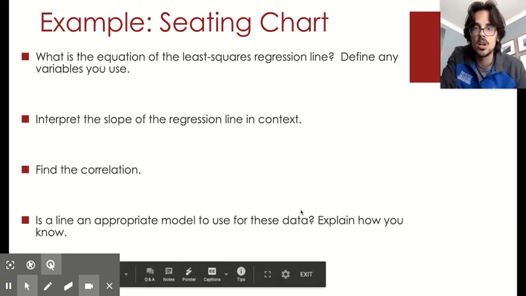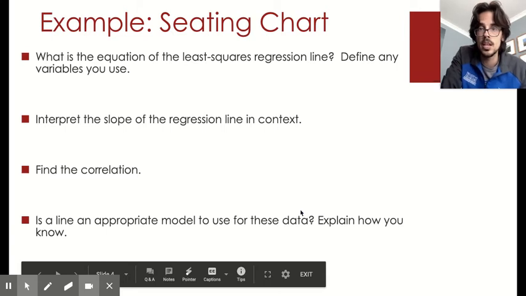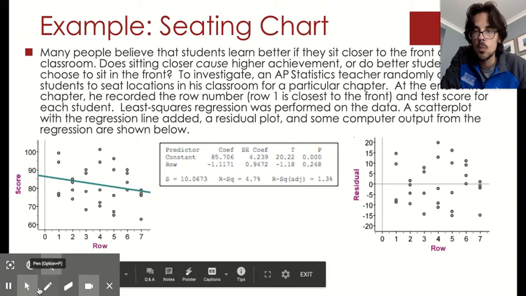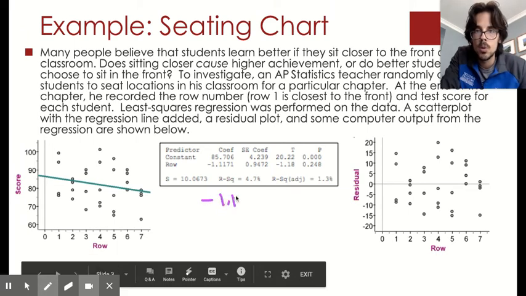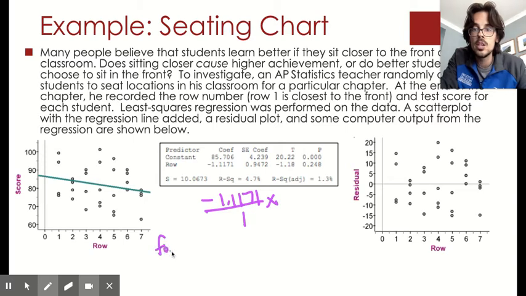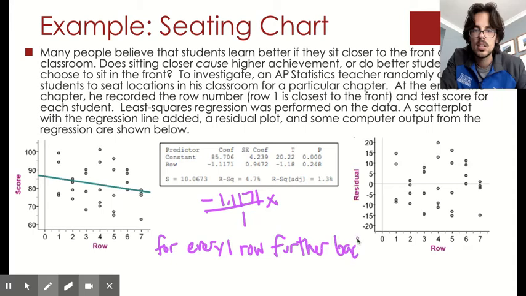What else do I ask for? Interpret the slope of the regression line in context. So the slope in this problem was negative 1.1171x on the end of the equation. This guy is my slope. And remember, you put it over 1. For every 1 unit increase, so for every 1 row further back, for every 1 increase in x, y increases, or in this case, because it's negative, decreases by about negative 1.11.